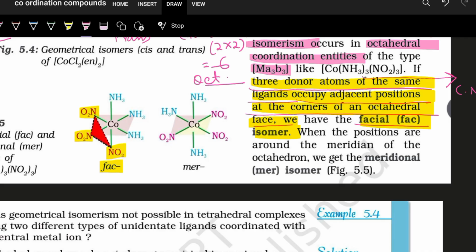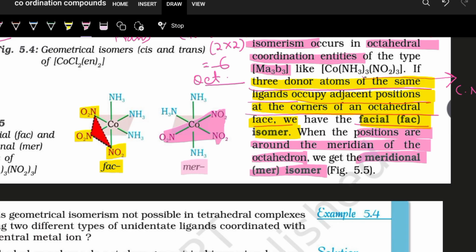Now, if the positions are around the meridian of the octahedron, then it is a meridional or mer isomer. So we can see this part is your meridian, and there are three NO2 attached in this manner.